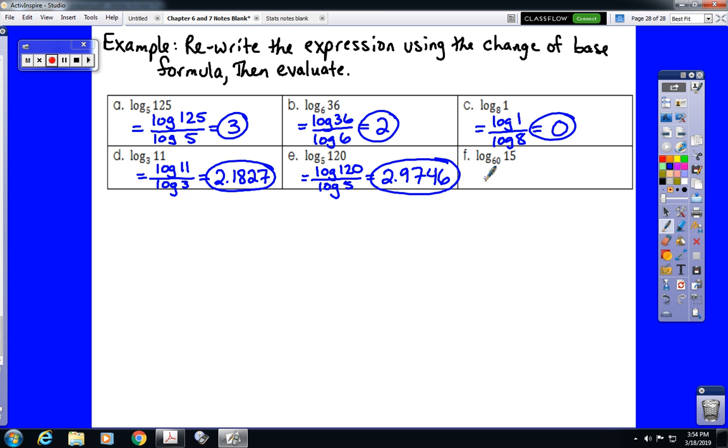And finally, the log of 60 divided by the log of 15. Round it off to the nearest 10,000th. 1.5119.